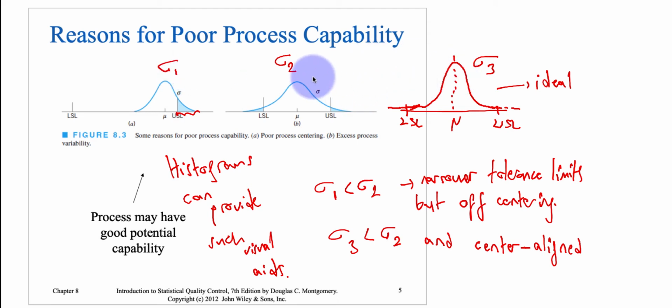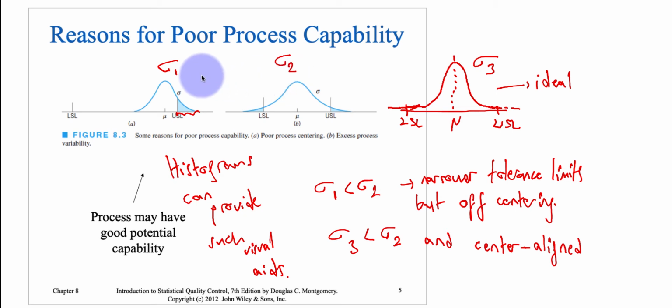Because the spread is much more than the ideal one, we can say that when the spread is high, the variance is high, the variability is high, the process capability is poor, because we are going to get many more non-conforming products from this process because of the high variability. So high variability is bad for us, high variability is bad for process capability. If we want to improve the process capability, we need to decrease the variability, we need to decrease the spread.